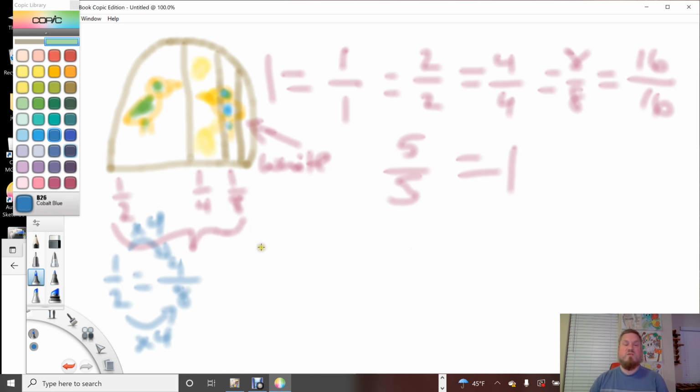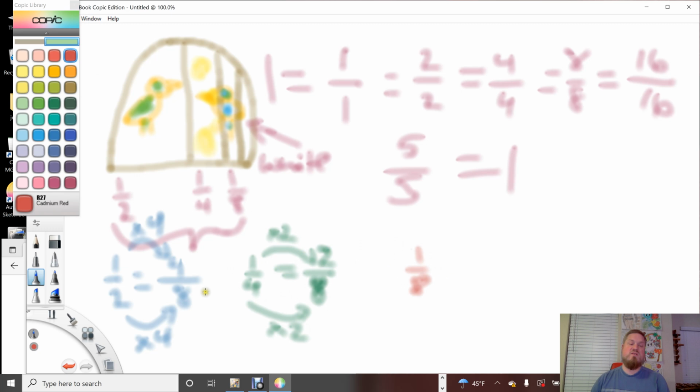All right, for quarters, to turn that into 8s, well, 4 times what is 8? 4 times 2. So then we do the same thing at the top. 1 times 2 is 2, so 2/8. And then for the third part, 1/8, that can stay the same.